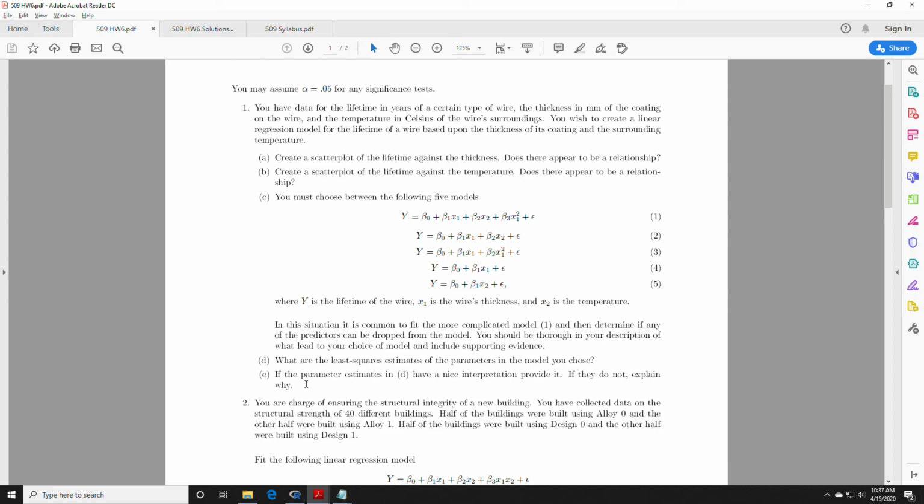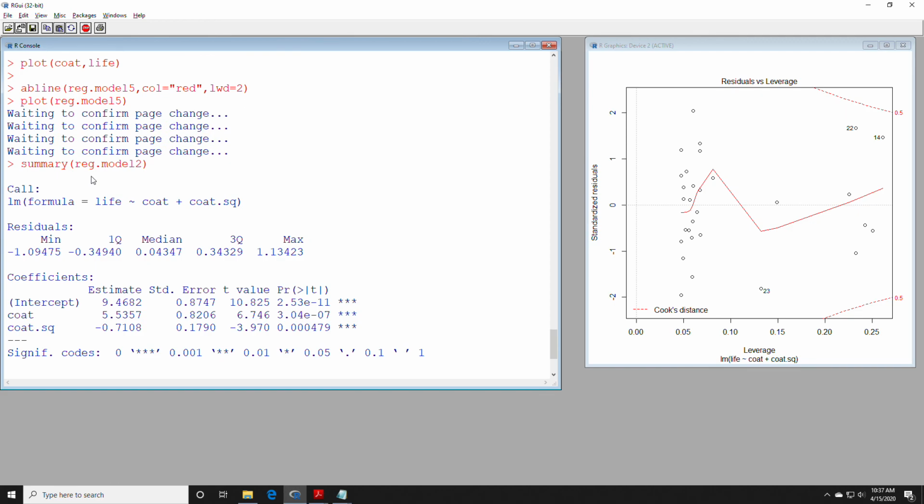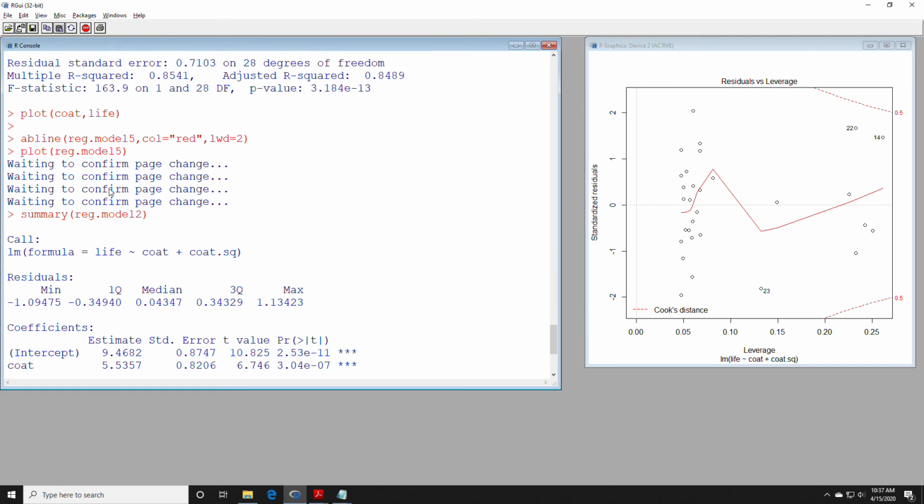If the parameter estimates have a nice interpretation, provide it. If they do not, explain why. Okay, so let's look. Intercept. Is the intercept interpretable in this example? Well, if we have a coding of 0, plug in. So of course our model looks like this y hat, which was somewhere.